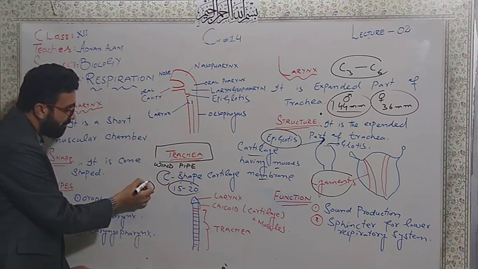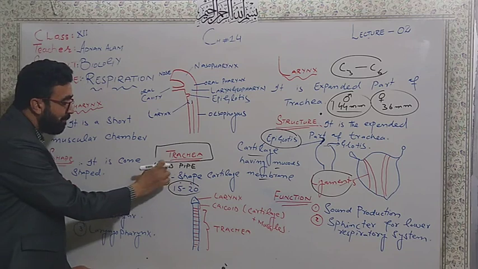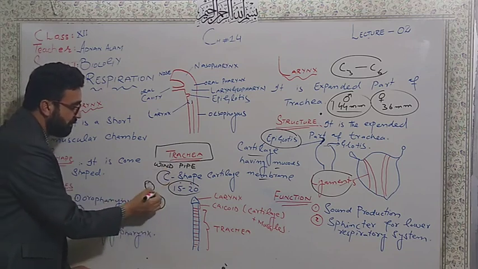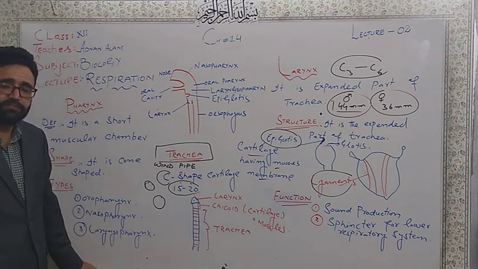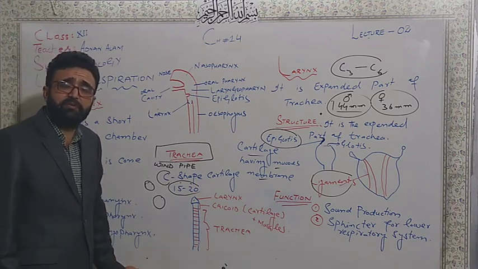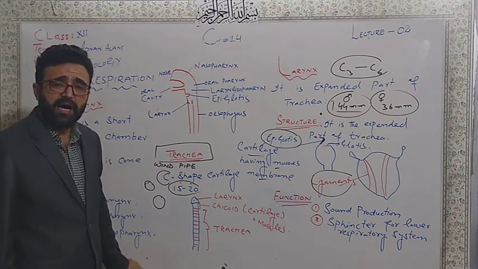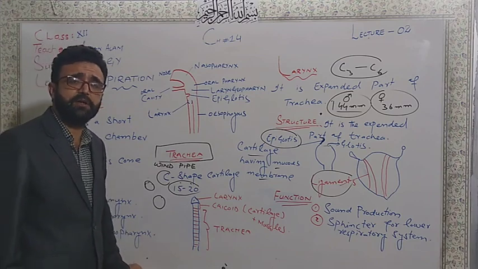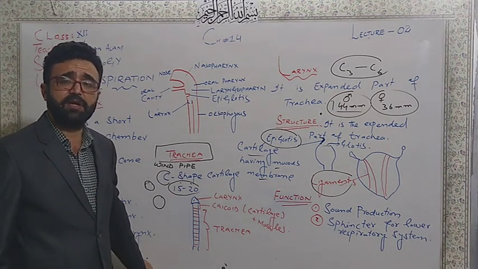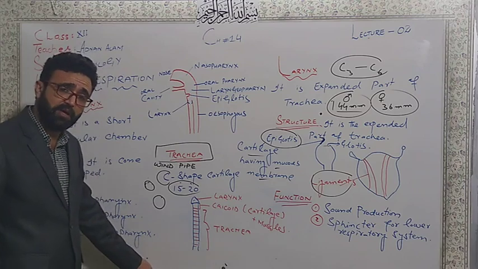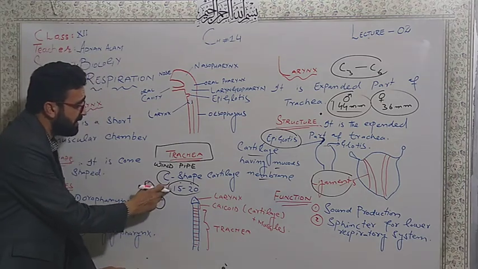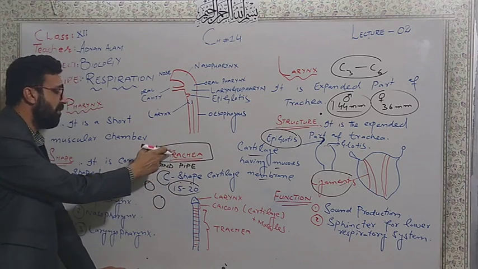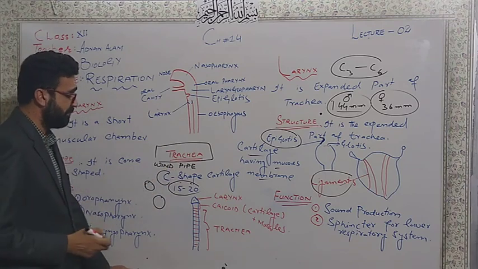For example, if it were a complete ring and not C-shaped, then it would push on the esophagus and block it, which would eventually block the digestive tract, and the process of digestion would ultimately stop, which is a very, very important function. So to facilitate the esophagus, the cartilages of the trachea are C-shaped.